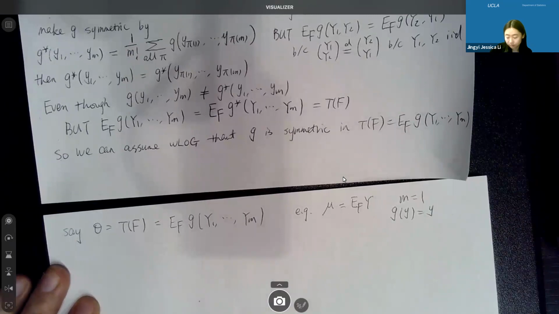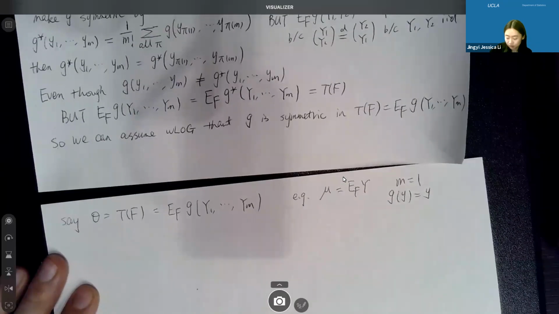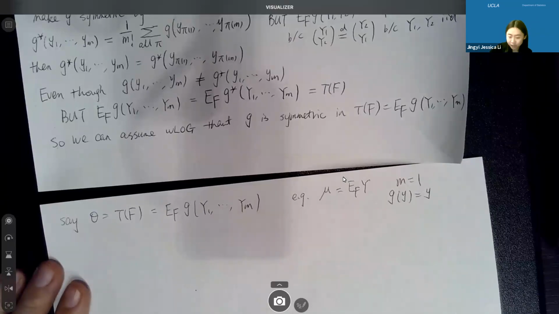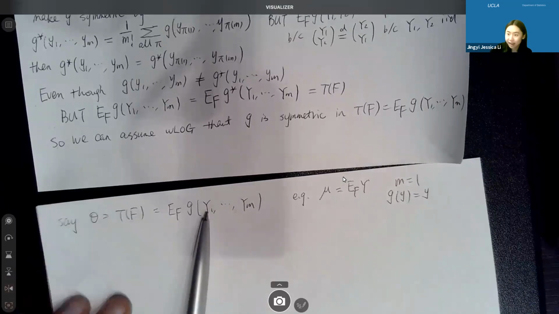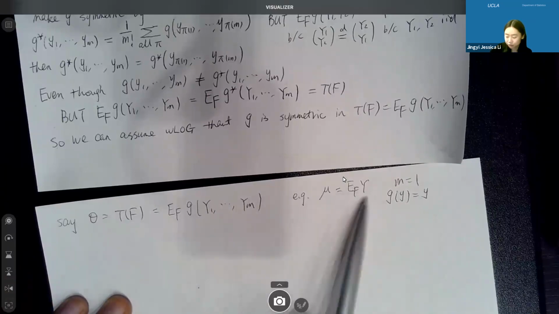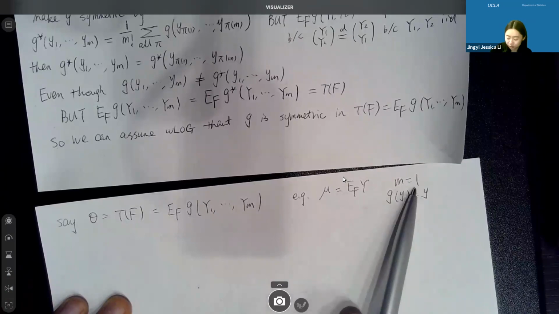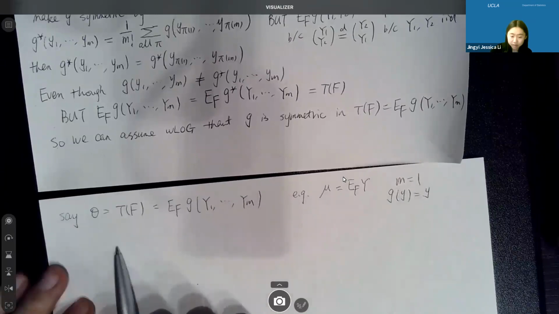And sometimes some special functionals may need to be defined by two IIDs, so when m equals 2, two IIDs from the F distribution. But the mean is defined by just one random variable from the distribution and its expectation. Okay, so that's the parameter of interest.